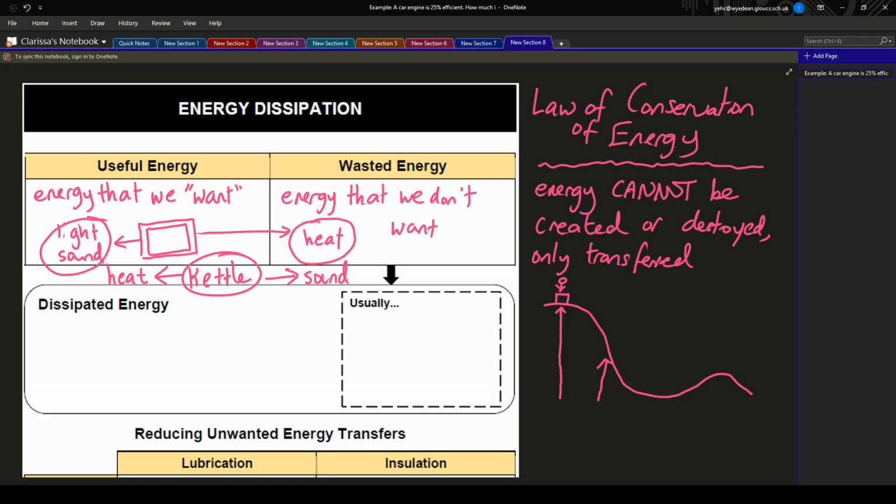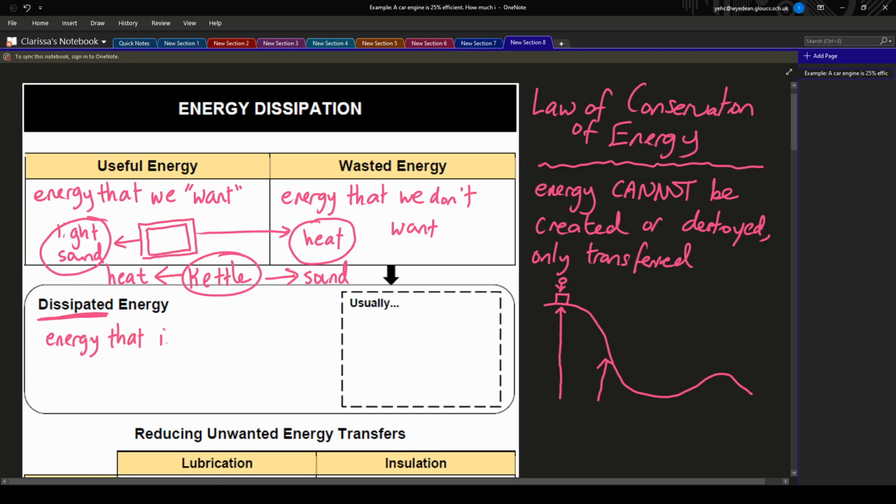Now we're going to lead into this concept known as dissipated energy, which is wasted energy. It's similar, but specifically it's wasted energy that goes into the environment. So dissipated means energy that, and I'm going to put this in quotes, is "lost to environment."